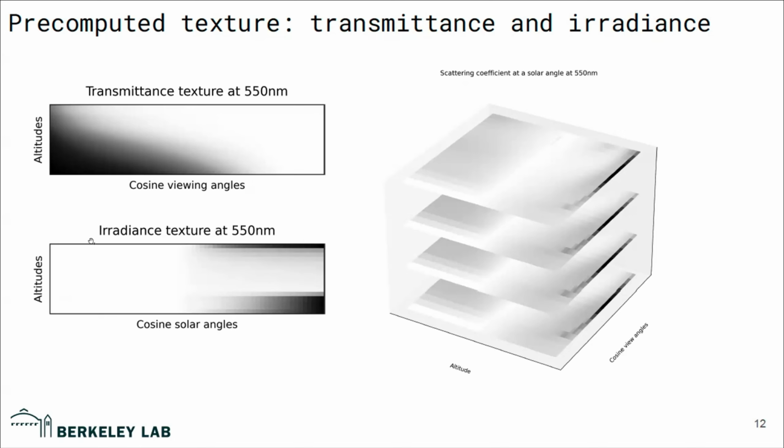And then same for irradiance; on the right are scattering coefficients that we compute at a bunch of cosine view angles and a lot of altitudes. And then we compute them for a range of solar angles. So that's 4-dimensional. And then they all have one actual dimension, which is the spectrum. So we do that for our entire visible spectrum.